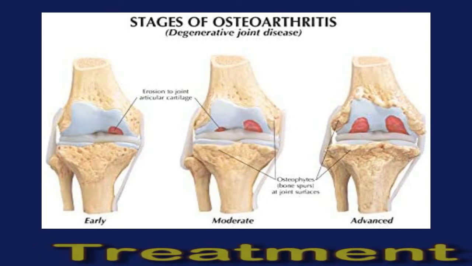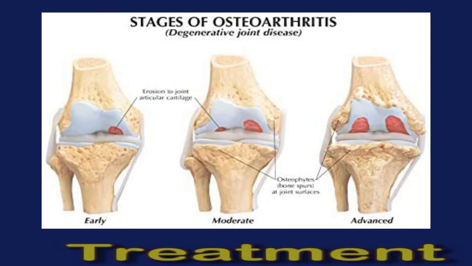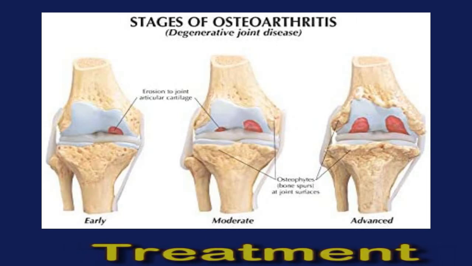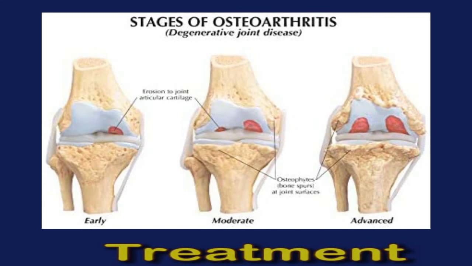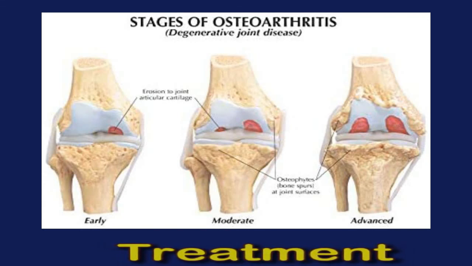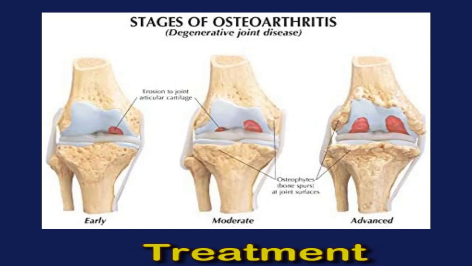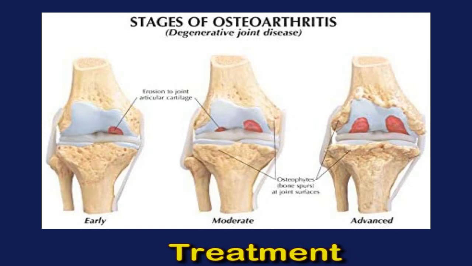The following treatments can help with the symptoms of osteoarthritis. Ice and heat. Pain and swelling in the knee may respond well to ice and heat packs at different times of the day. Elevation may also reduce swelling around the knee. Pain relievers. Over-the-counter anti-inflammatories and painkillers can reduce pain and swelling in many cases.